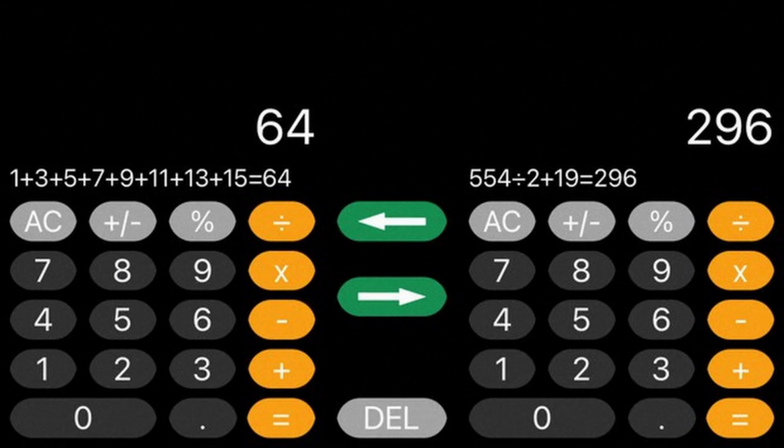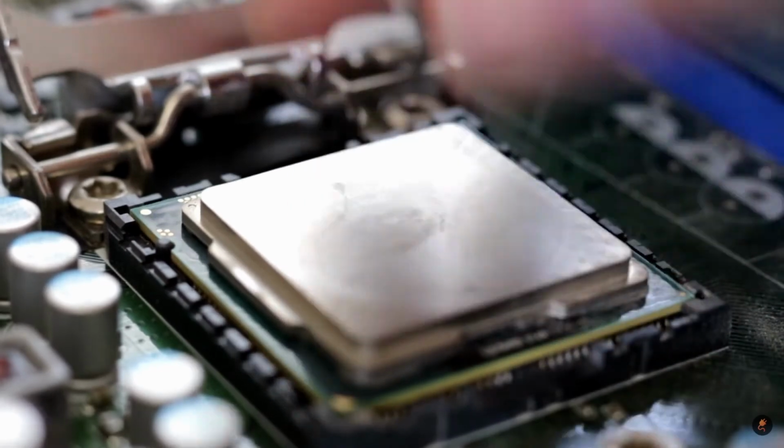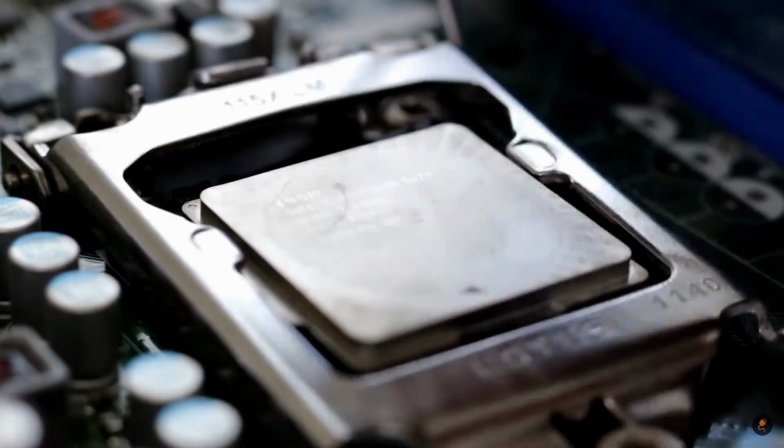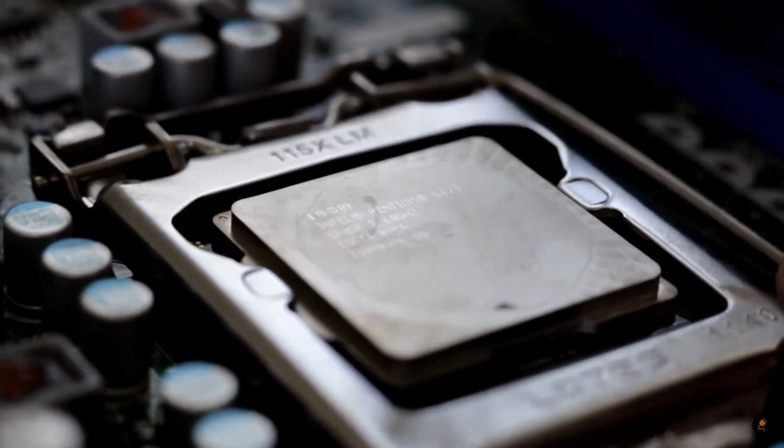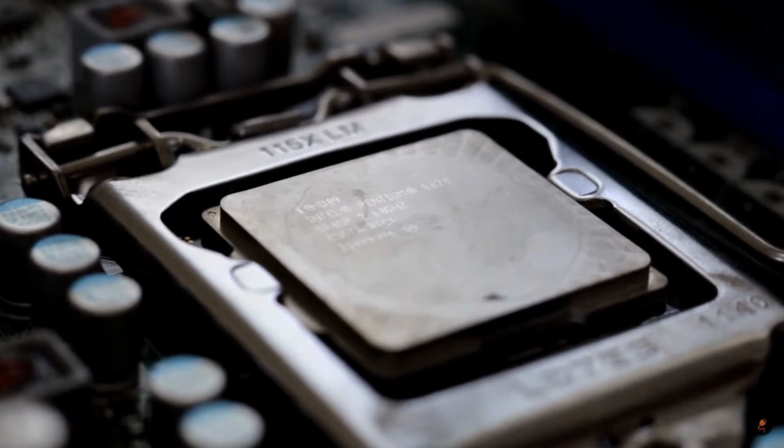Similarly, in a simple calculator application, the computer processes one arithmetic operation at a time, following a linear path. However, in more complex applications that require a large amount of data processing, serial processing can be slow and inefficient. This is because the CPU can only execute one instruction at a time, so it can take a long time to process large amounts of data.